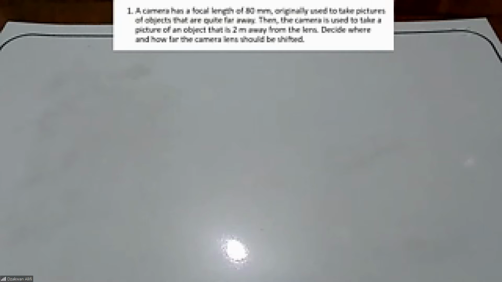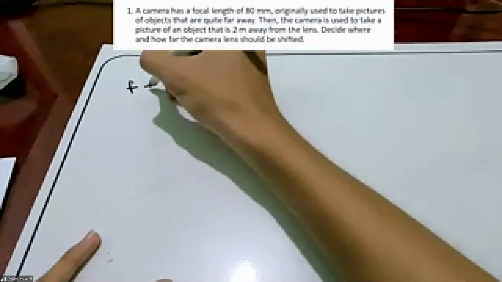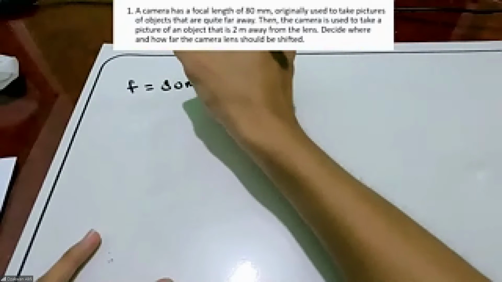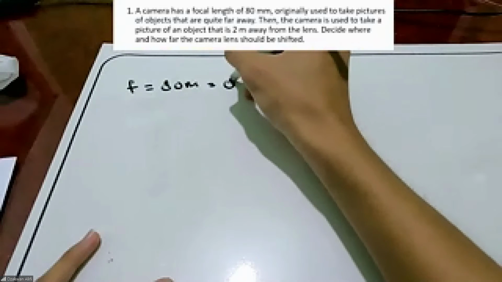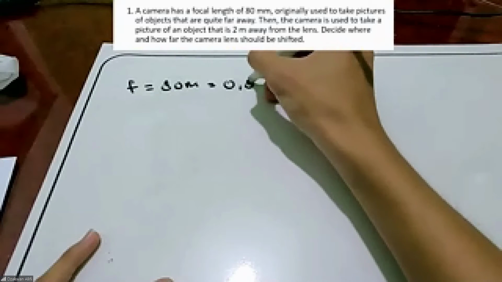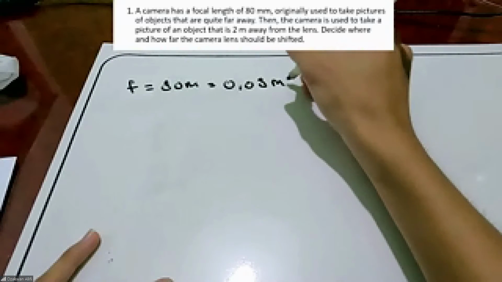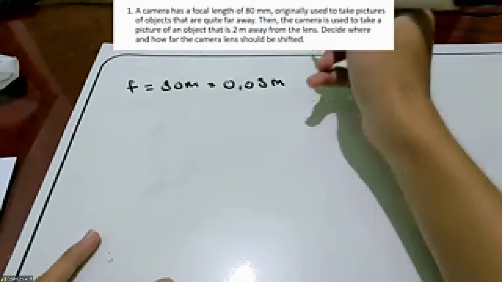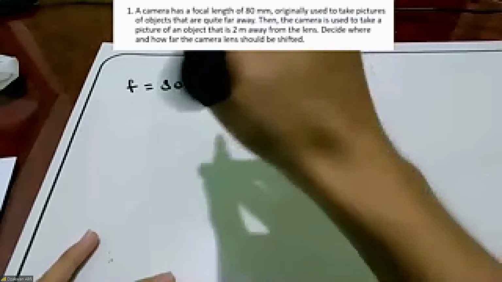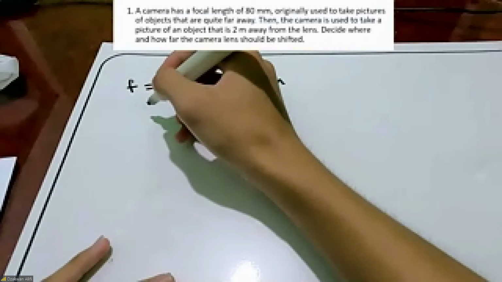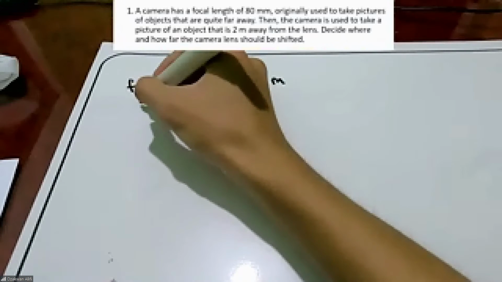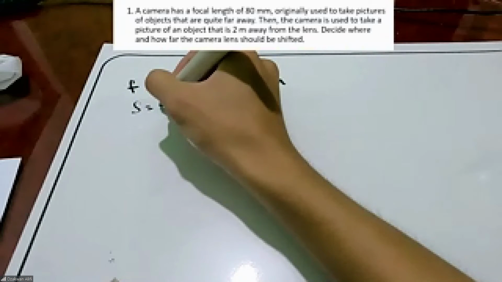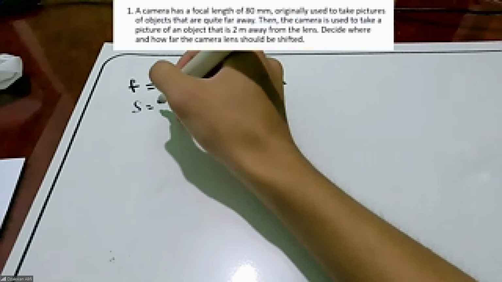In this question, a camera has a focal length f of 80 millimeters, so it will become 0.08 meter. Okay, and then we know that s is far away, quite far away.